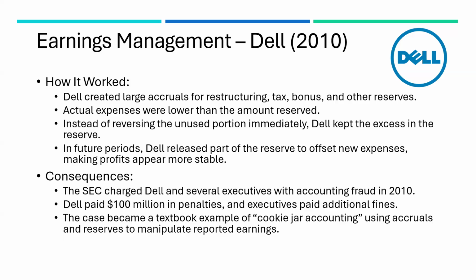And eventually they were found out, when things inevitably go wrong, and the SEC charged Dell and some of their executives and employees, and Dell had to pay $100 million in penalties. Executives paid additional fines. Michael Dell, the founder of Dell, had to pay $6 million personally in fines. So this became the number one example of cookie jar accounting and earnings management.